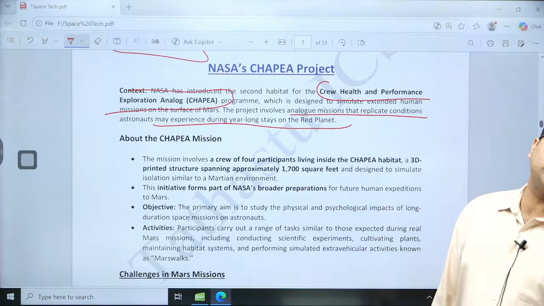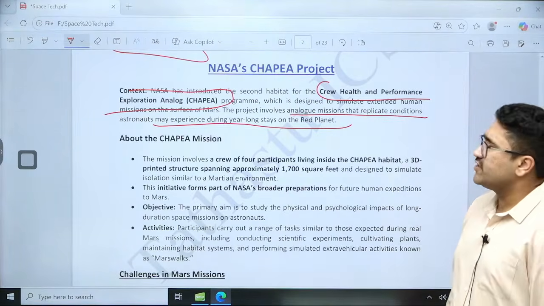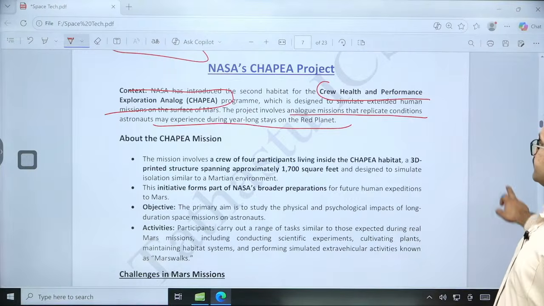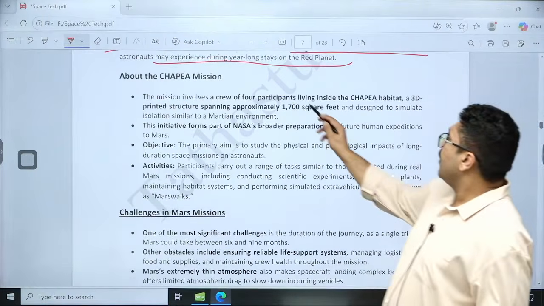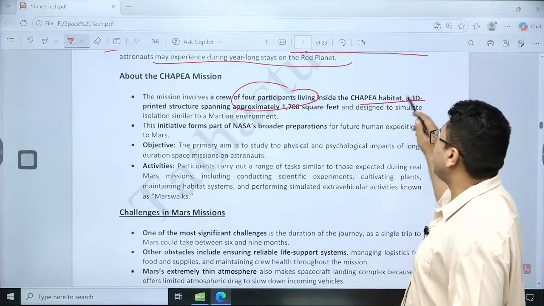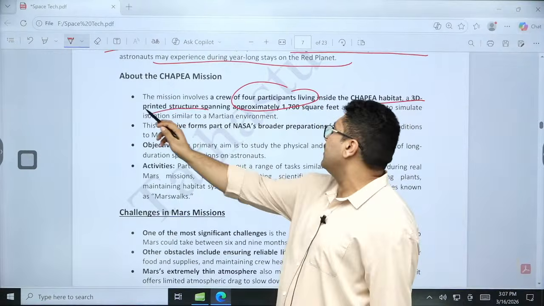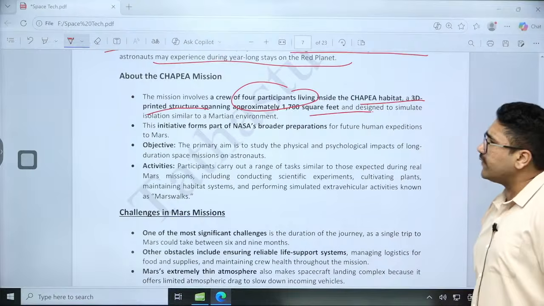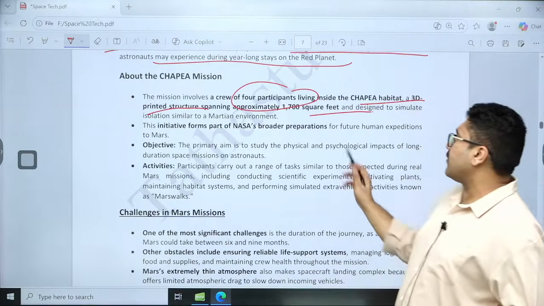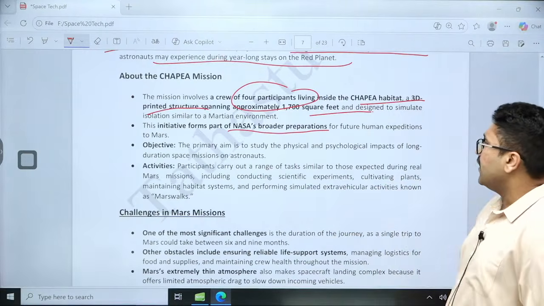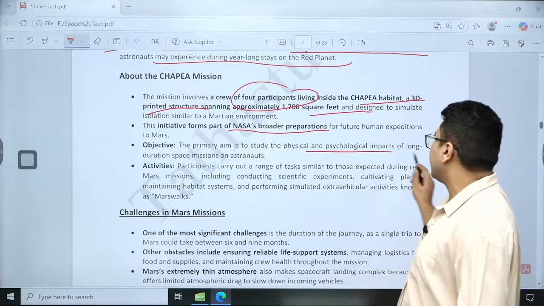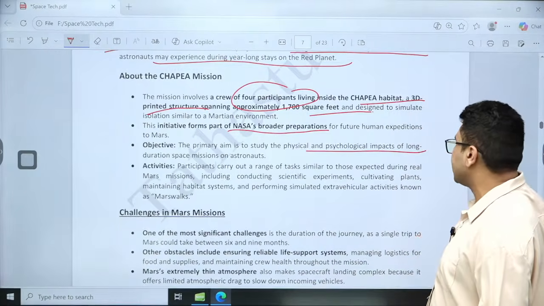USA's red planet analog mission is known as the CHAPEA project. 4 participants live inside the CHAPEA Habitat, a 3D printed structure spanning approximately this much square feet. This initiative forms part of NASA's broader preparations. The primary aim is to study the physical and psychological impacts. All those things are the same.